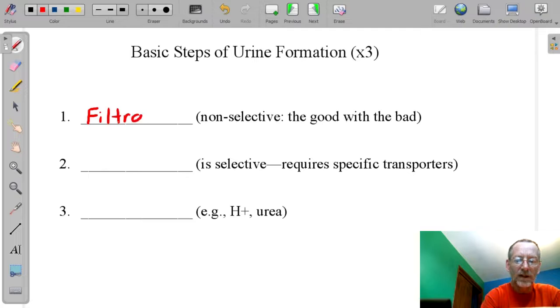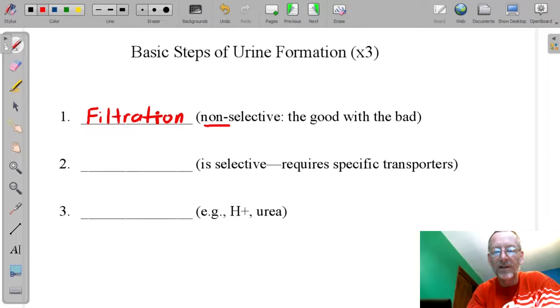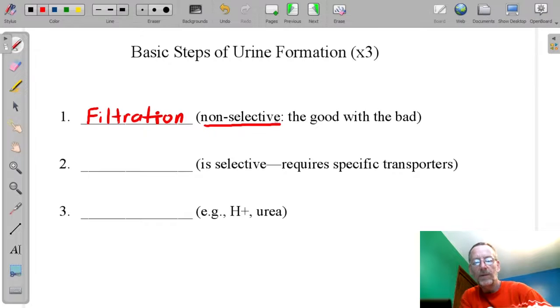And we'll spend a little bit of time going through some of the details of filtration. And that is non-selective, which means basically anything small gets pushed out of the blood. Big things do not. So cells are not filtered out.